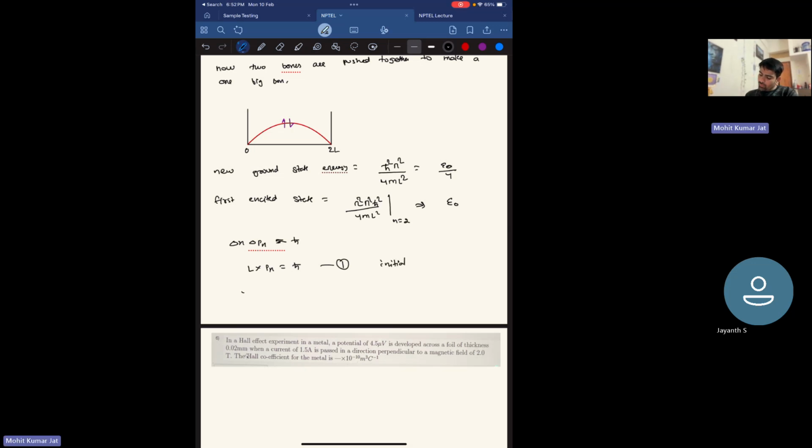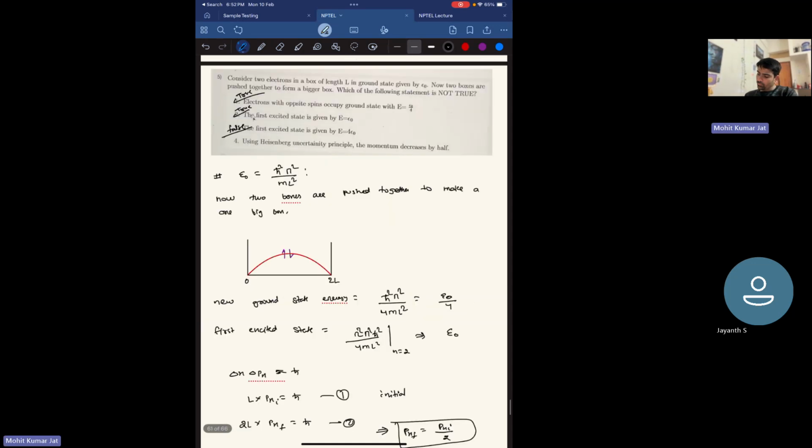In the second case, it will be 2L times px final equal to h bar. This tells me that px final is px initial by 2. So this is also true. So the correct answer is this one, that this is not true basically. That's what the question is asking, which of the following is not true.